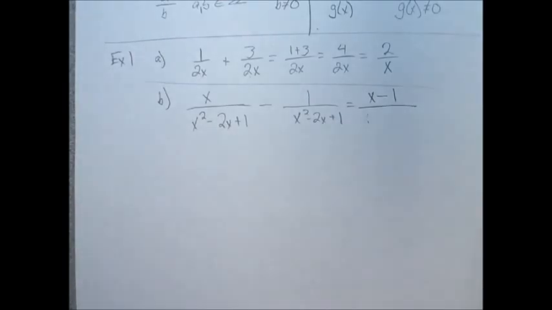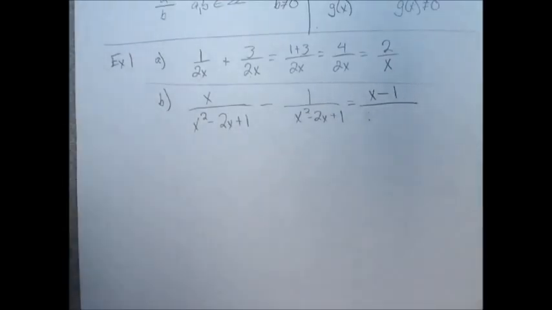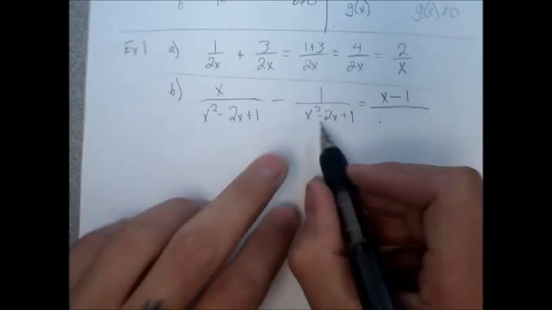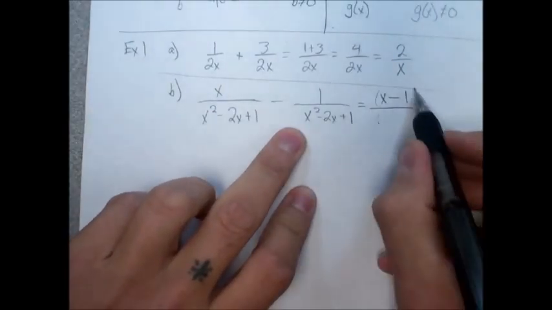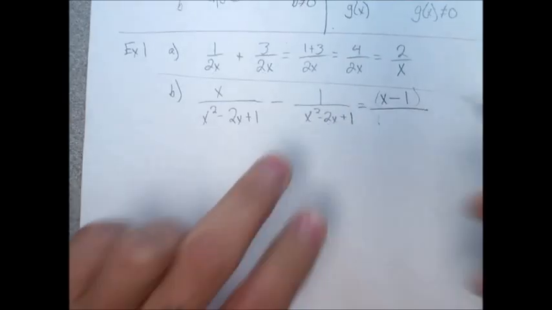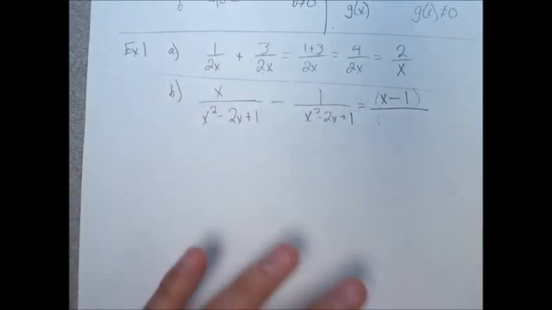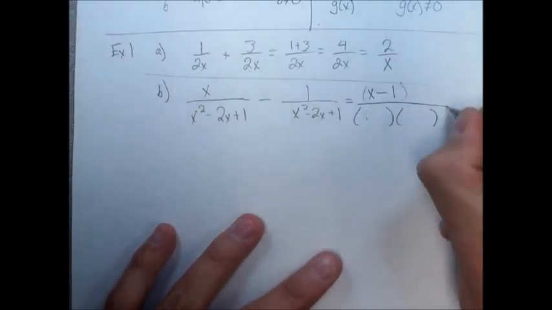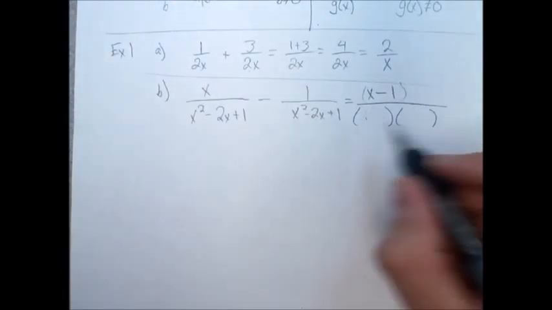Now, you want to keep in mind that when we did simplifying rational expressions, we broke this apart because we end up with stuff that looks like x minus 1. So if we can get something that looks like x minus 1 here, we can simplify this rational expression. So I'm just going to factor the denominator.